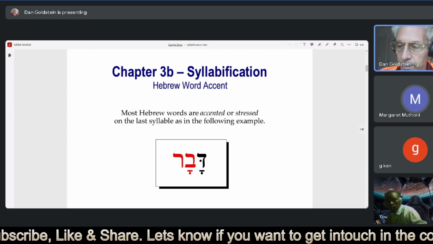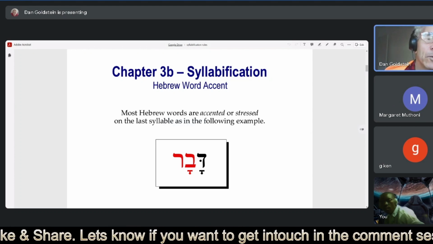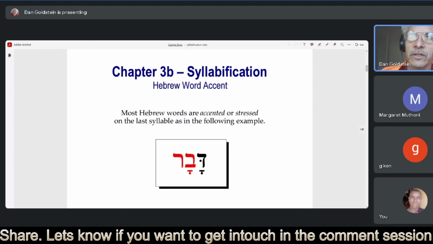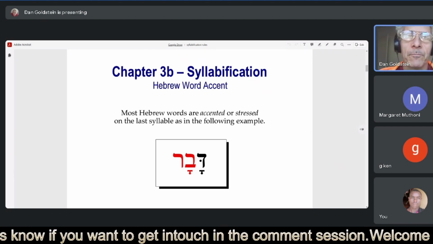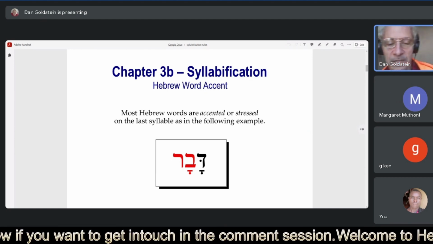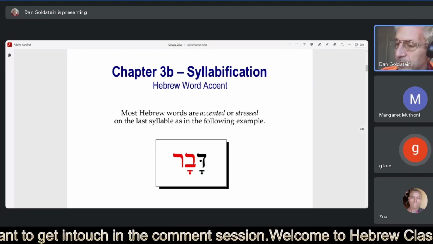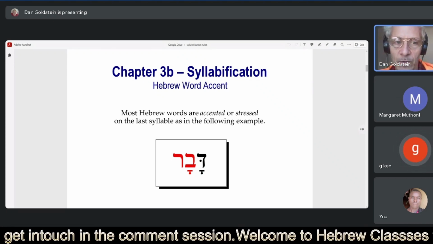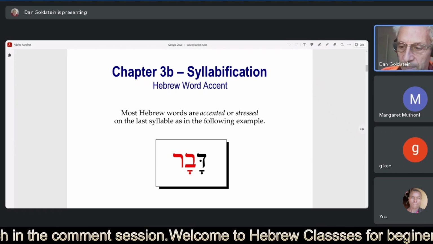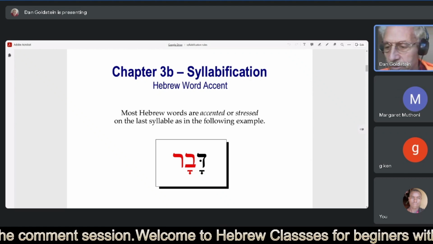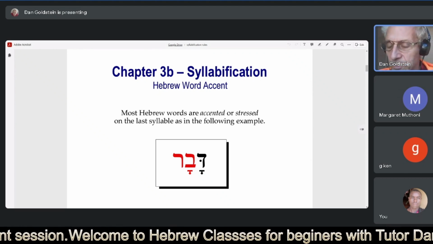But we've already discussed some exceptions to that rule, and there will be instances where the stress will fall elsewhere. But let's just begin to keep in mind this dividing up of words into syllables. And maybe as we go through our reading drills today, we can take a few moments here and there to break words into syllables and identify open and closed syllables.